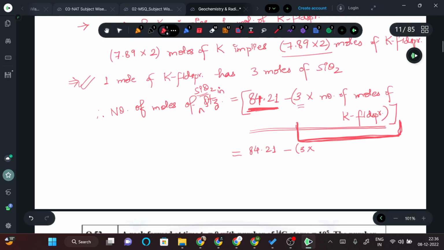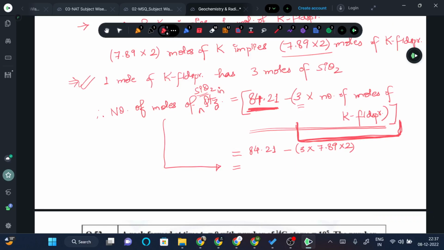We will put 7.89 into 2. Now do this calculation and let me know what this is coming out to be. 84.21 minus, it will be 6 times 7.89.